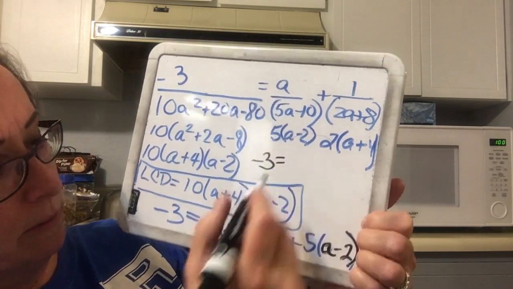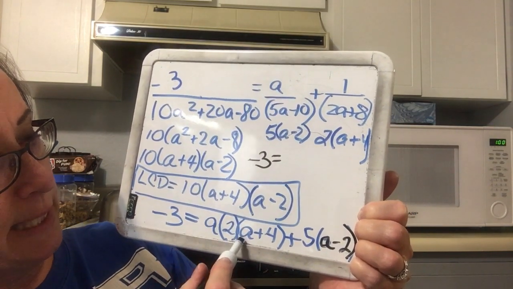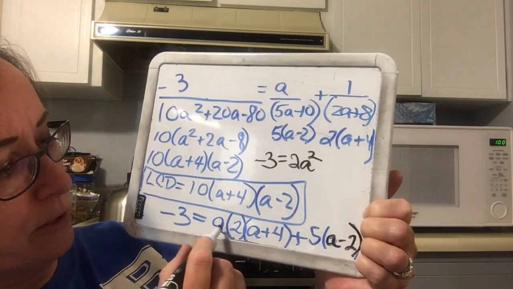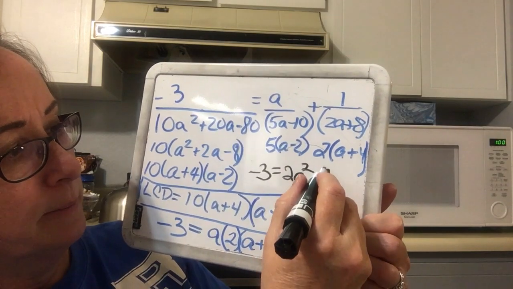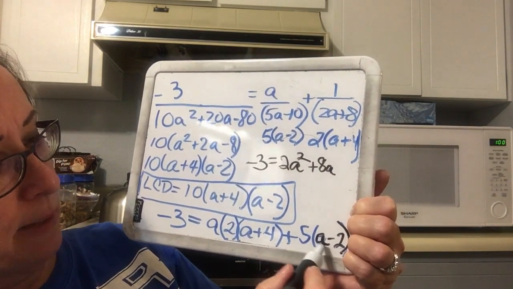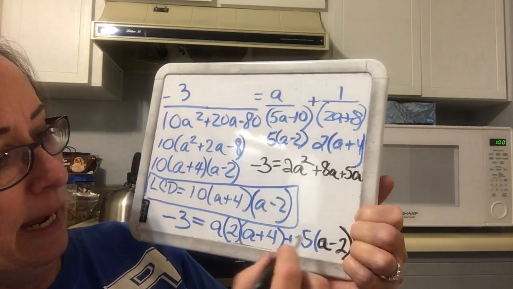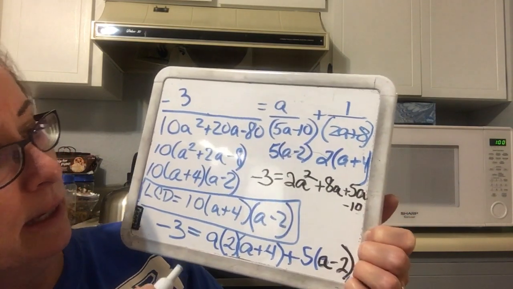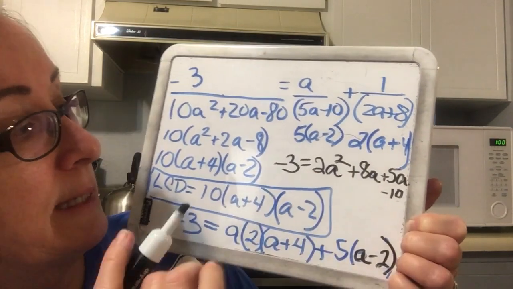Is equal to. Now this is going to be 2a times a is 2a squared. And 2a times 4 is 8a. And then 5 times a is 5a. And then 5 times negative 2 is a minus 10. Okay, so now I'm going to get everything on one side with a 0 on the other.